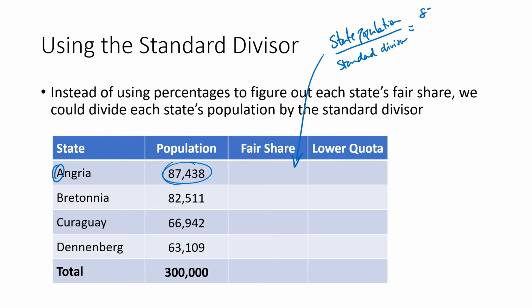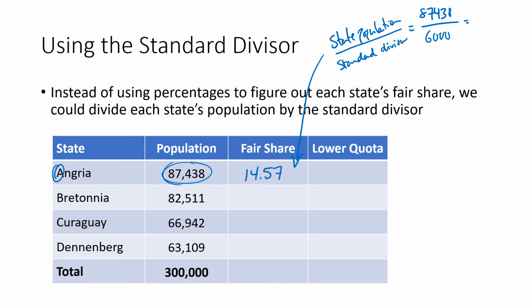So this is going to be 87,438 divided by 6,000. Remember, on the previous slide, we figured out that the standard divisor was 6,000. So on my calculator, I'm typing in 87,438 divided by 6,000, and that's going to give me 14.57.